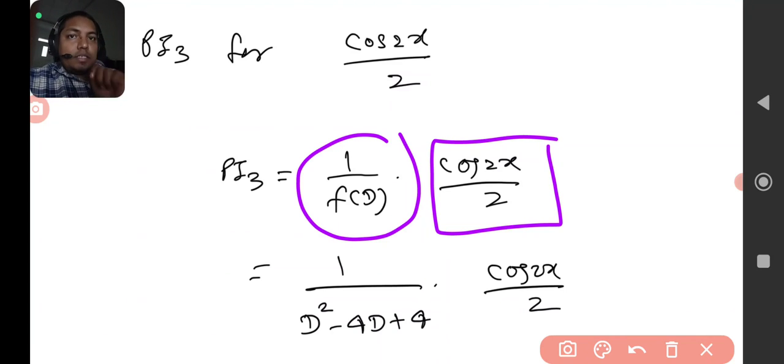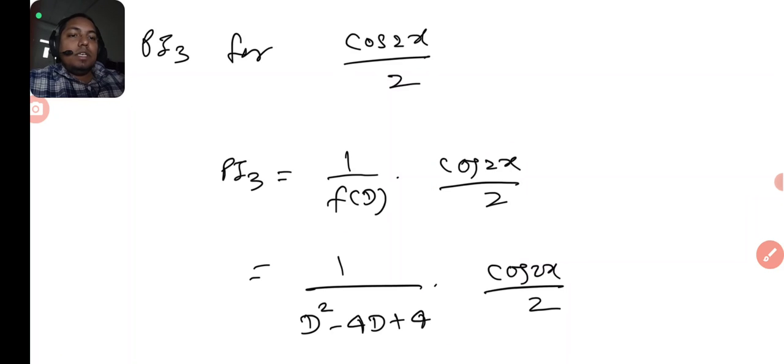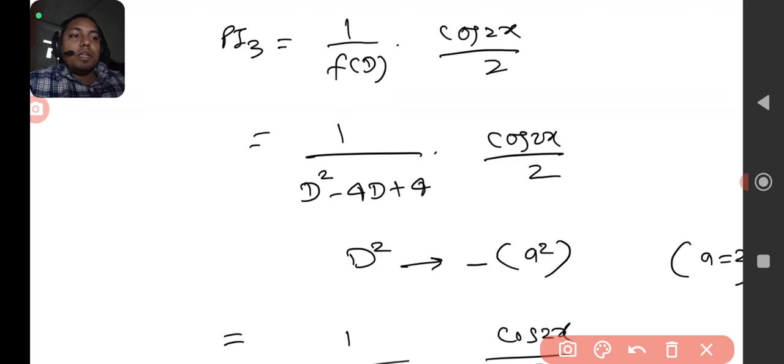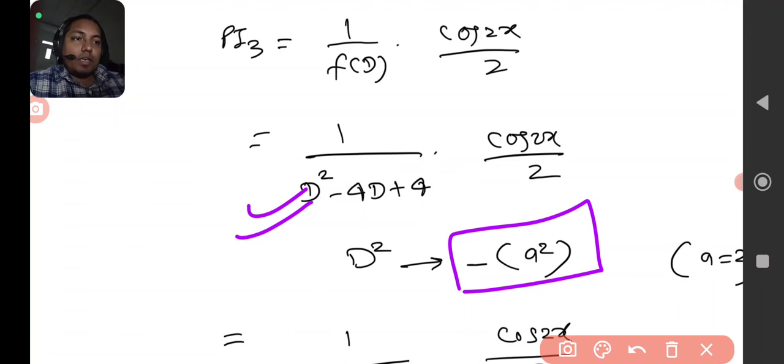In this term you see cos 2x, whatever is the coefficient of x, that is 2, that is our a in the formula. This D square you have to replace with minus a square, and remember a is equal to 2.